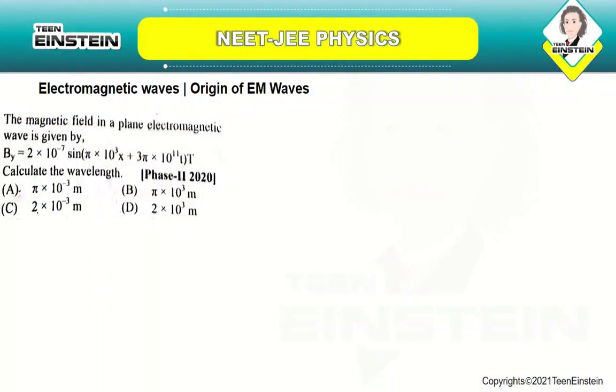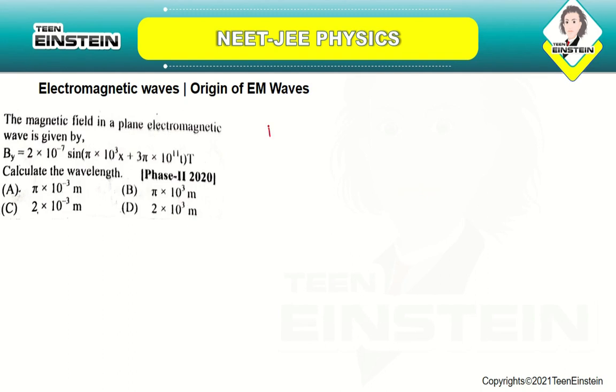The magnetic field in a plane electromagnetic wave is given by By = 2 × 10^-7 sin(π × 10^3 x + 3π × 10^11 t). Calculate the wavelength.